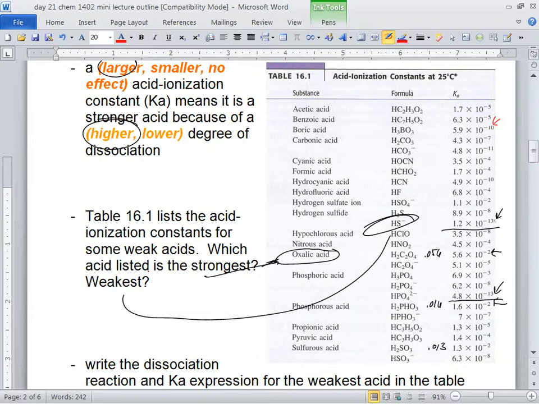And I think the threshold is 10 to the negative 4. If you have Kas that are bigger than 10 to the negative 4, you don't want to see those on exams or quizzes, because those x's are going to be big, and Smith is going to expect you to do a full quadratic formula.